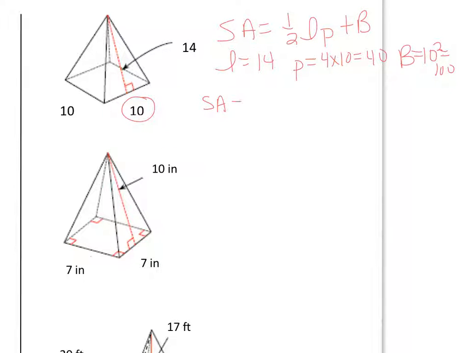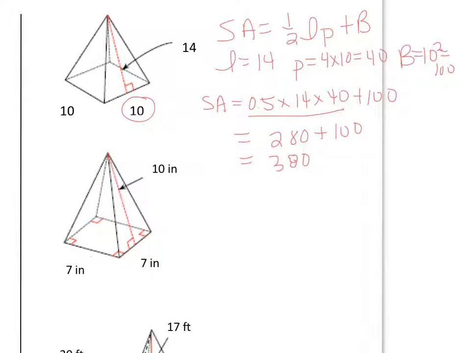Surface area, then you will multiply, and then add 100. So your surface area for number 1 is 380, and it doesn't give the units, so we can just put units squared.